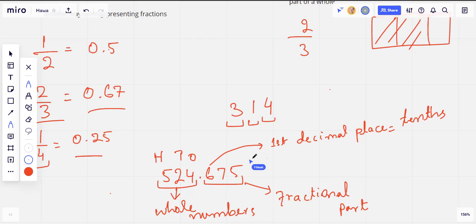The second decimal place is called hundredths, with the th at the end. And then the third digit after the decimal point, or the third decimal place, is called thousandths.